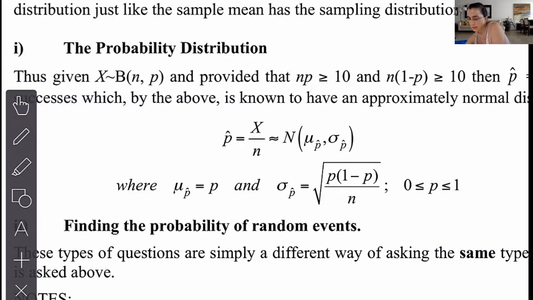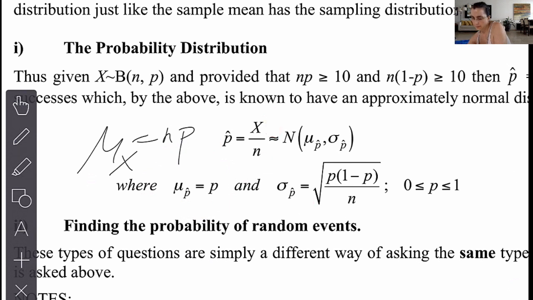P hat is x over n. So the mean of p hat is p, which comes from taking the mean of x, which was np, and dividing it by n to get p. So this divided by n gives me that, just like x was divided by n.